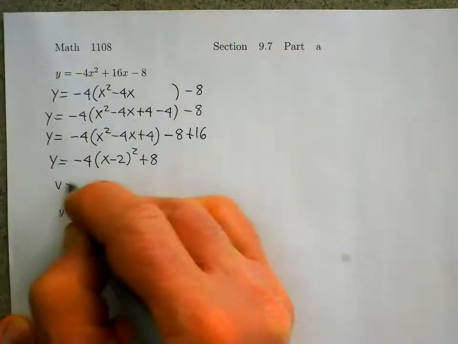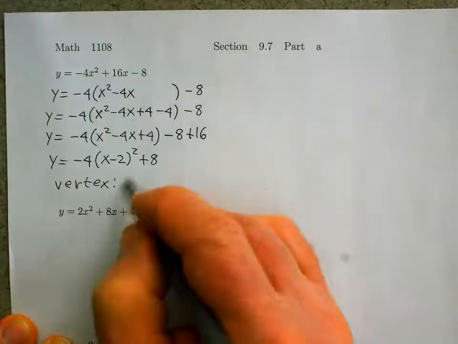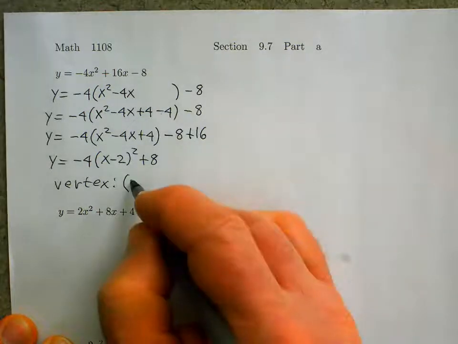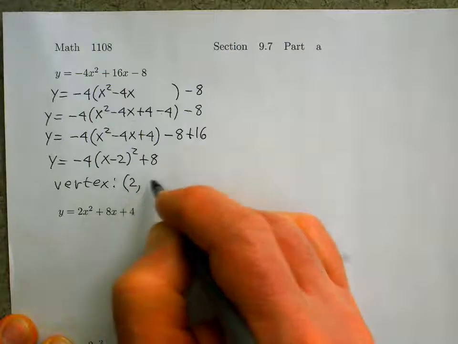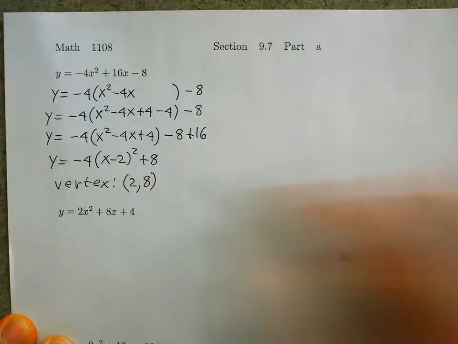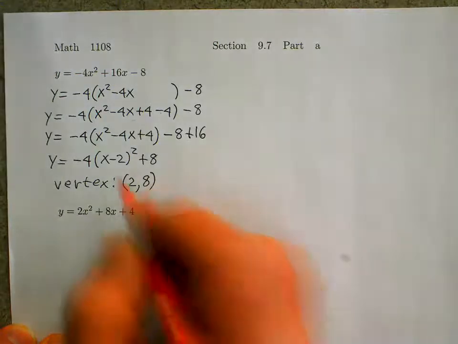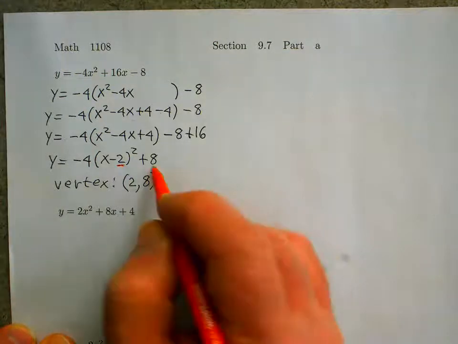The vertex, the ordered pair for the vertex is x equals 2 and y equals 8. So we're reading the vertex from the vertex form.